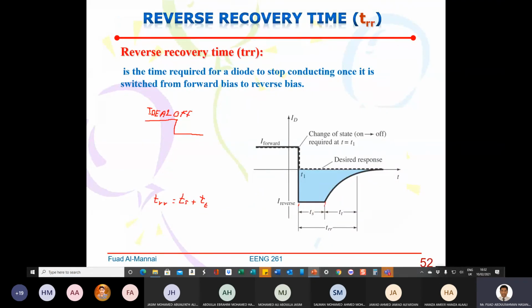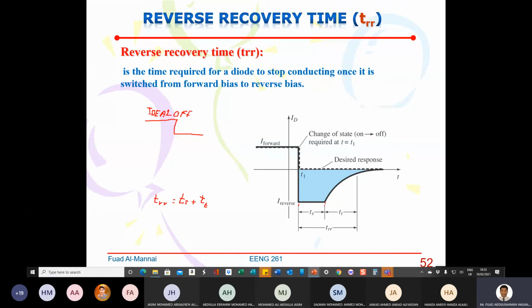On slide number 52, I put this because it is very important when you go to the upper classes and deal with high frequency operation, especially with Pentium or P5 or P3 or very high frequency circuits.